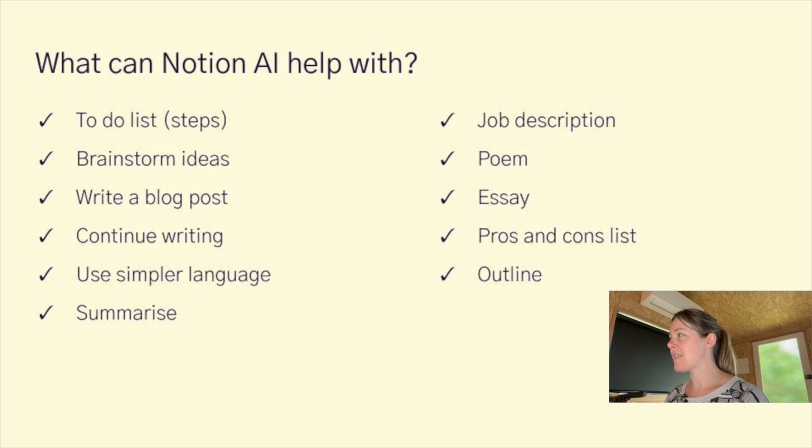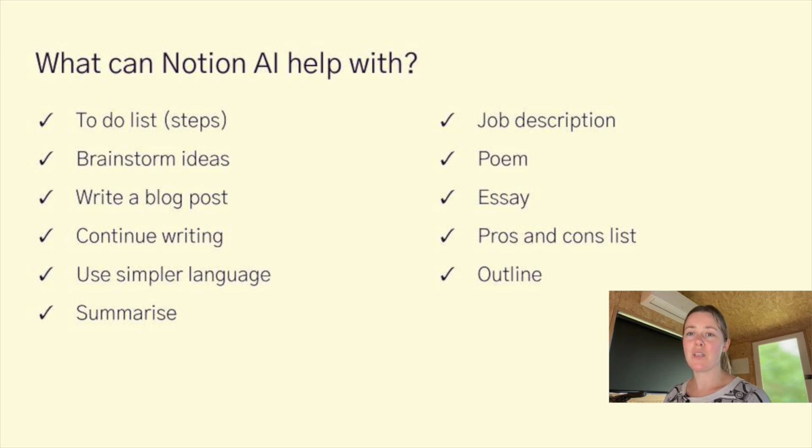Some of the things that I'm going to go through are the out of the box functions. So how to do a to-do list, which is more like the steps for achieving something, how to brainstorm ideas, how to draft a blog post, how to continue writing once you've started writing something, how to simplify the language, and summarize a block of text, and then a few bonus ones at the end.